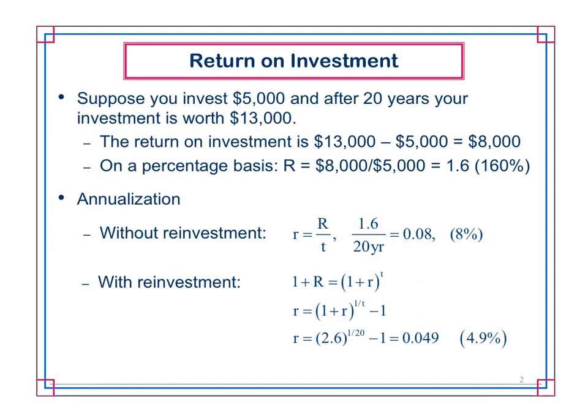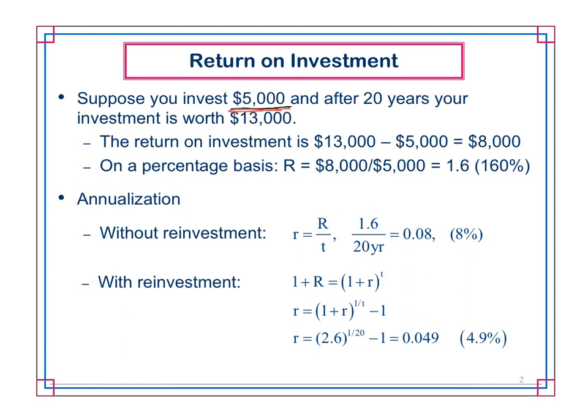So if we want to invest $5,000, and after 20 years, we want to sell that investment for $13,000, what we want to do is to figure out what that APR is equal to. And there's two ways of doing it. One way is just doing it without reinvesting, so taking that $5,000 that we have here and not continuing to invest it.